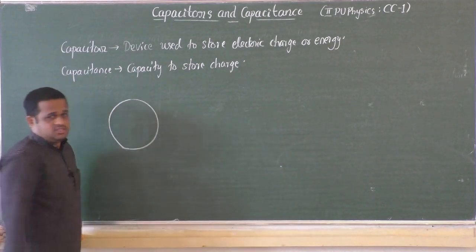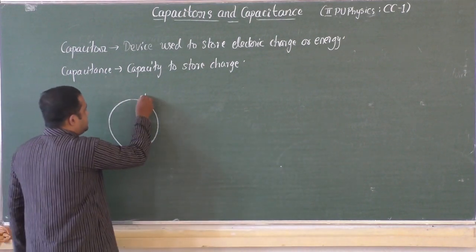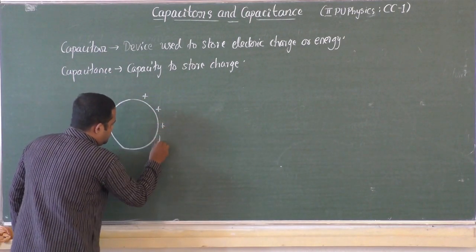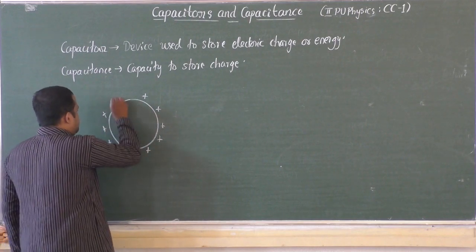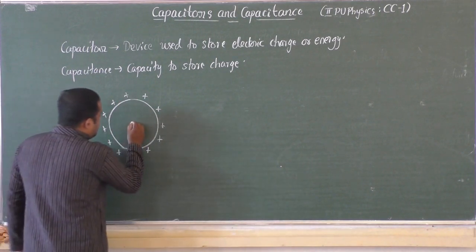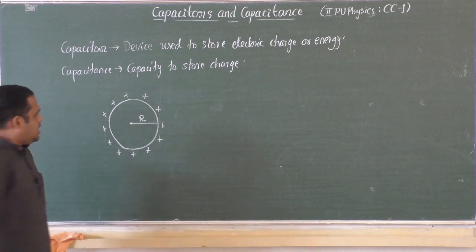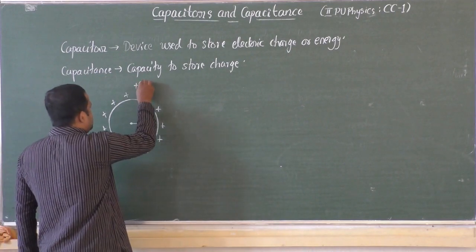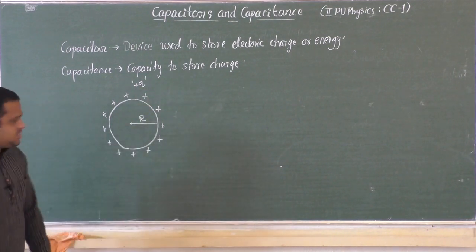Whenever a conductor is charged, charges always reside at the surface of the conductor. Since the surface is uniform, there will be uniform distribution of charge on the surface of this sphere. Now let R be the radius of this spherical surface, and let Q be the positive charge, so the conductor is positively charged.